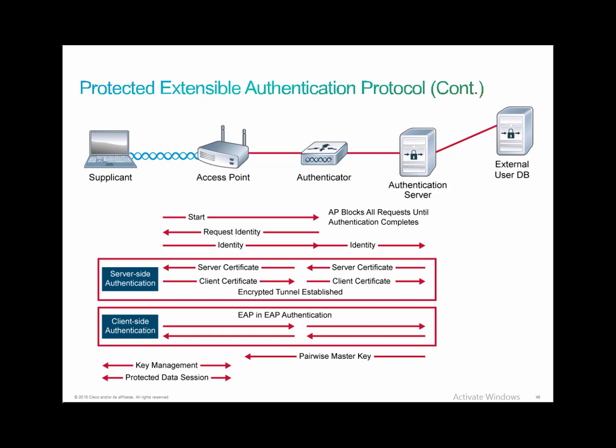The client authenticates the server using a CA to verify the digital signature of the server, and so on. All of this stuff that I just described is part of what we call phase one of the authentication process. The authentication server and the client now have a tunnel where they can exchange this encrypted information. Now, from an attacker's perspective, the transaction is complete. The client starts exchanging the data with the network.